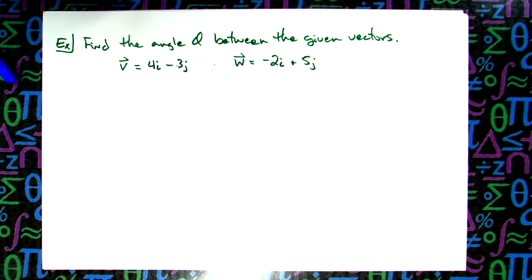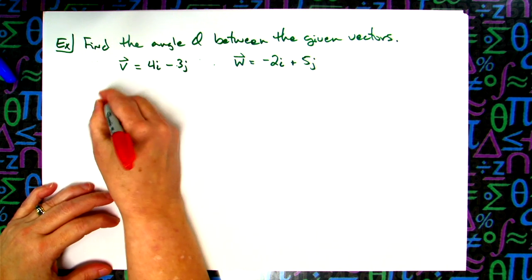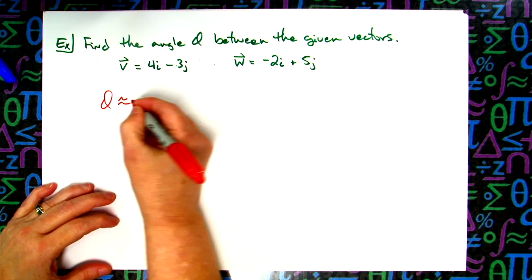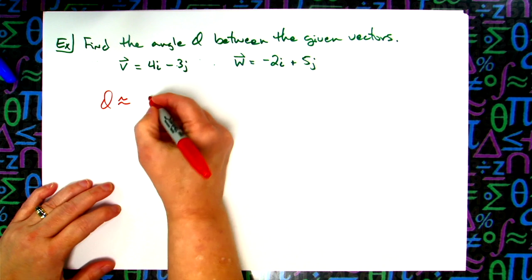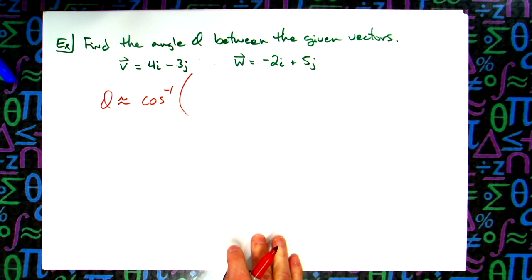Alright, I'm going to switch to red. I'm going to start with the formula. We're going to use the formula. Theta is going to be equal to the inverse cosine of my dot product.